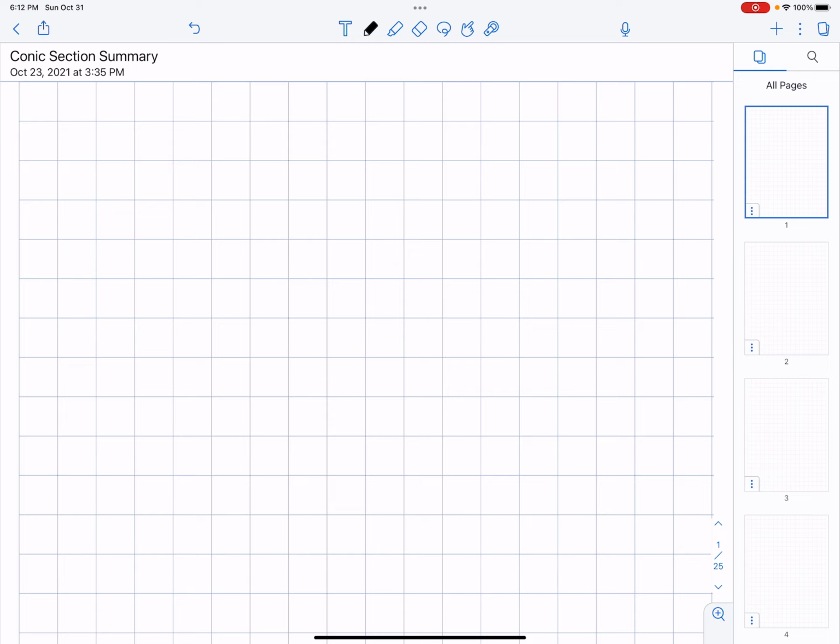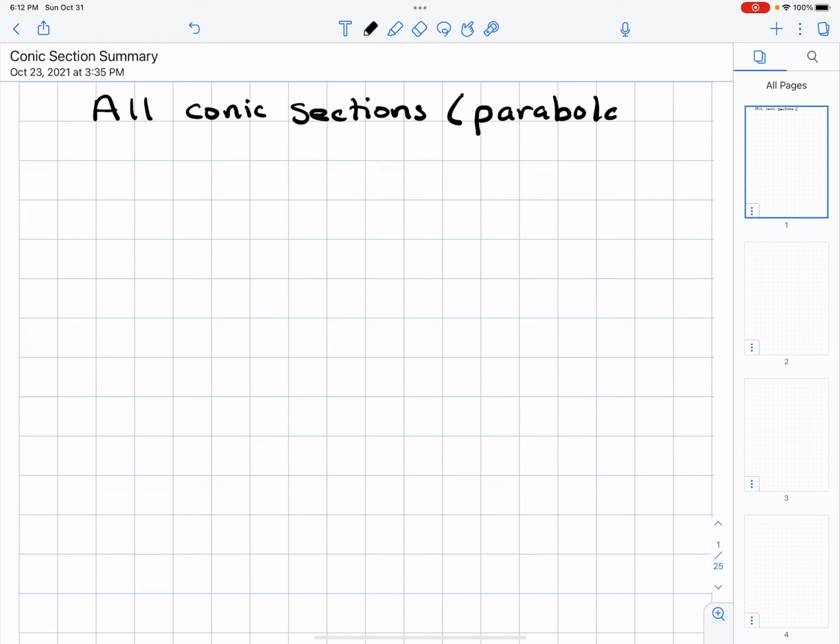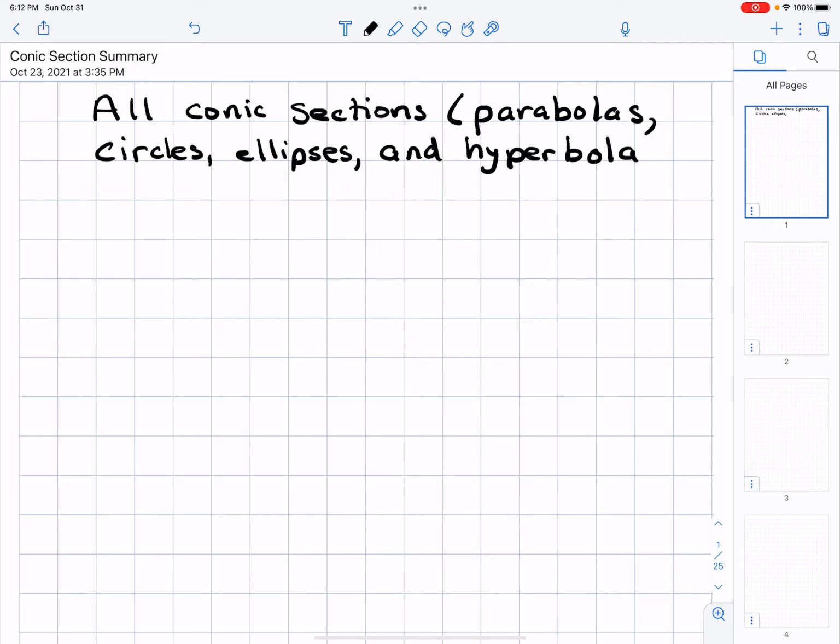So we've been talking about parabolas, circles, ellipses, hyperbolas. All of the conic sections have equations of the form, all conic sections, including your parabolas, your circles, your ellipses, and your hyperbolas. Remember, they're called conic sections because if you intersect a cone with a plane, the cross sections have these shapes.